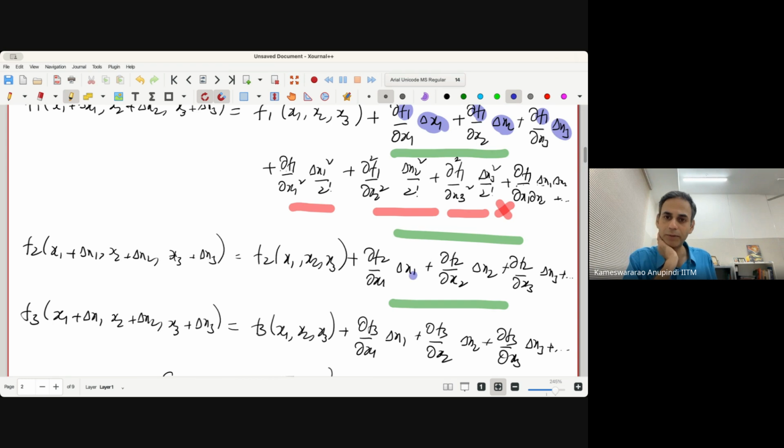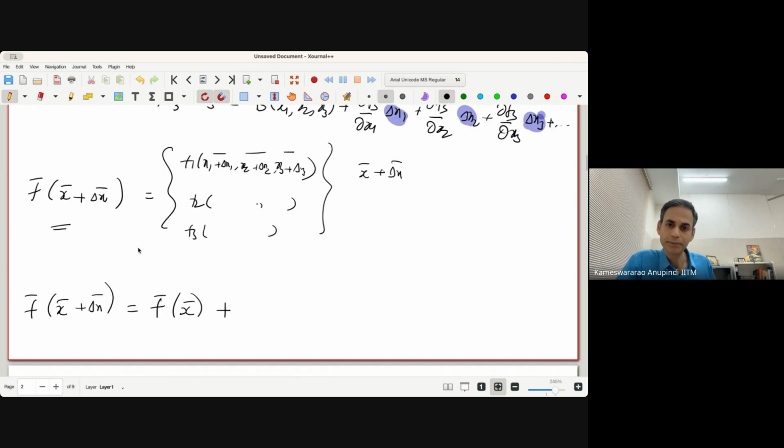The first term is multiplied with delta x1, the second with delta x2, the third with delta x3. So I'm going to write this as a column vector: delta x1, delta x2, delta x3. That is the column vector I have.